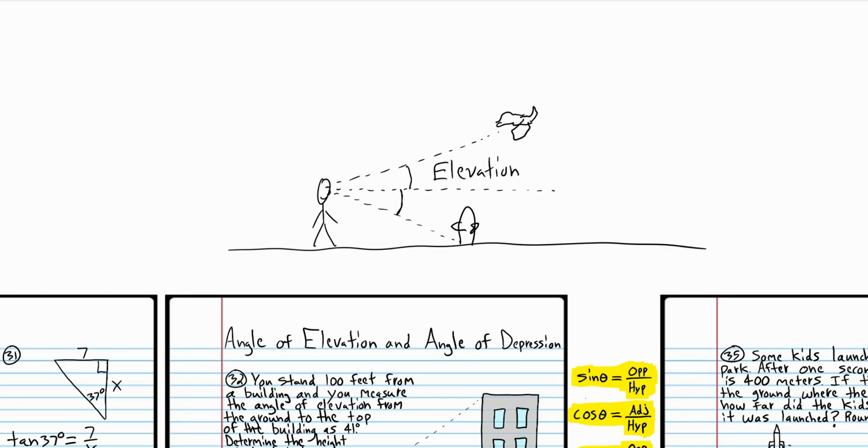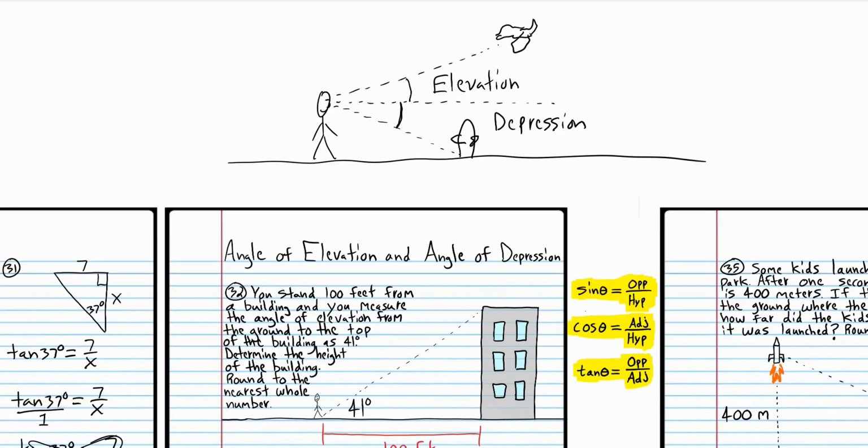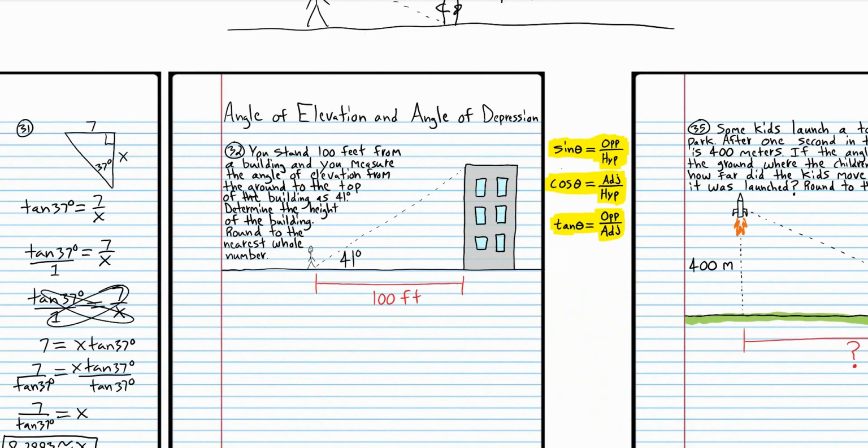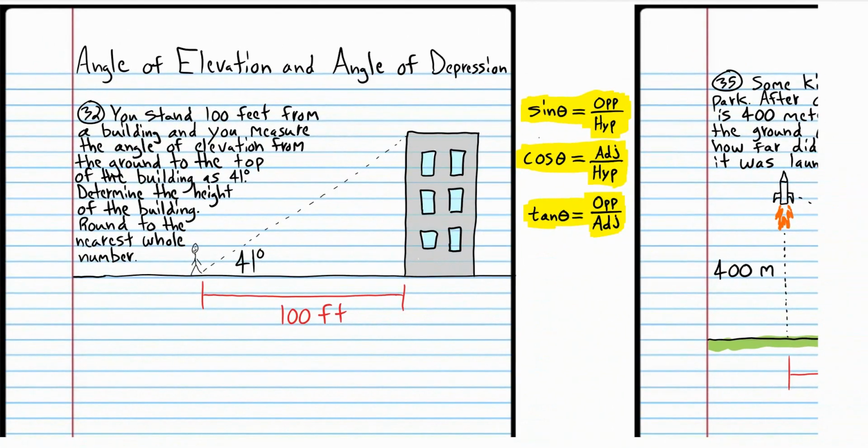The angle that you rotated your head is called the angle of depression. Again, it's very important to understand you start at the horizontal and then you go down to what you're looking at. So that is angle of elevation and angle of depression. And we're going to use those concepts in these next problems.